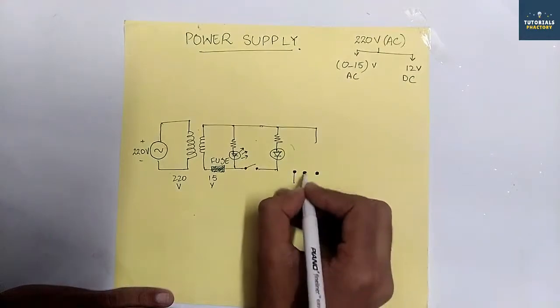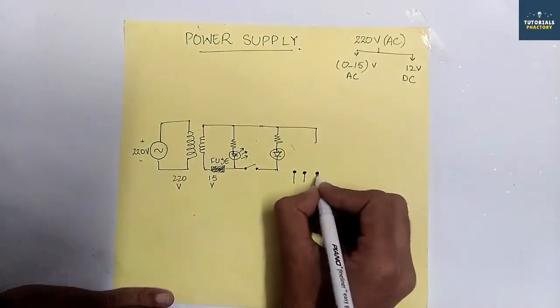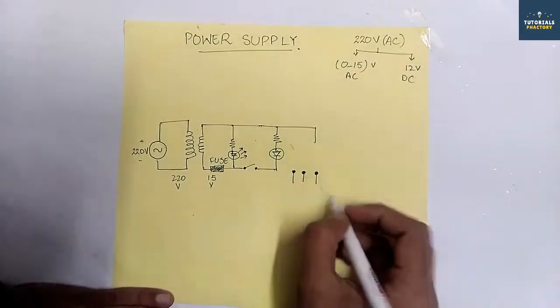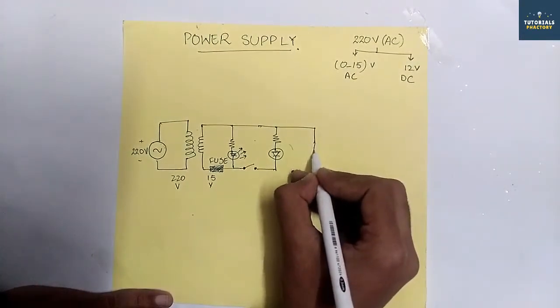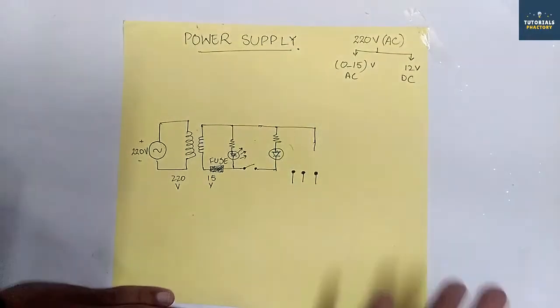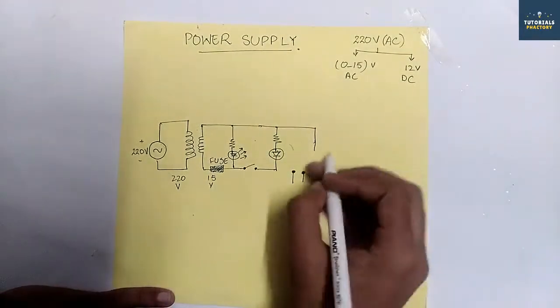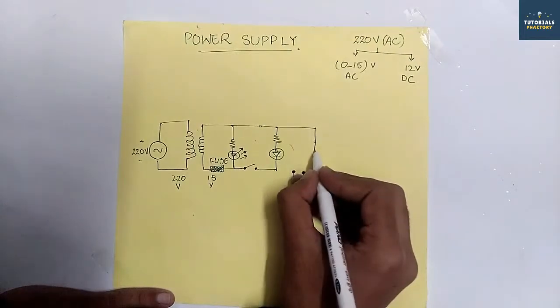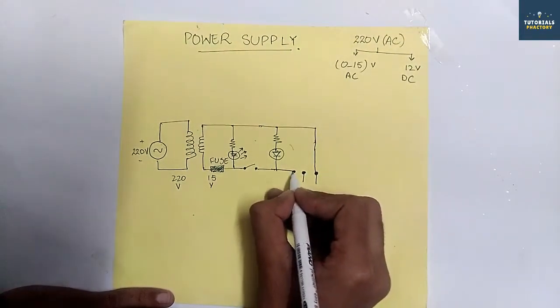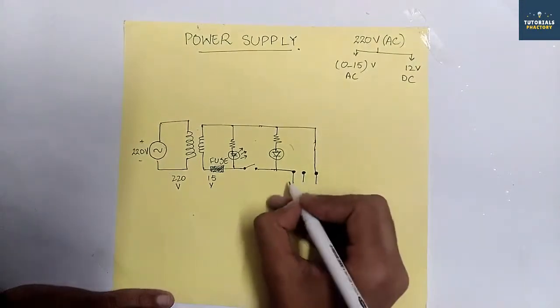One is for the output, one is for the ground, and one is for the input. Now I'm gonna connect this. Suppose this is a positive terminal, but there is no positive terminal in AC, it just remains random. So we'll connect it with our potentiometer, and we will connect this with a ground.